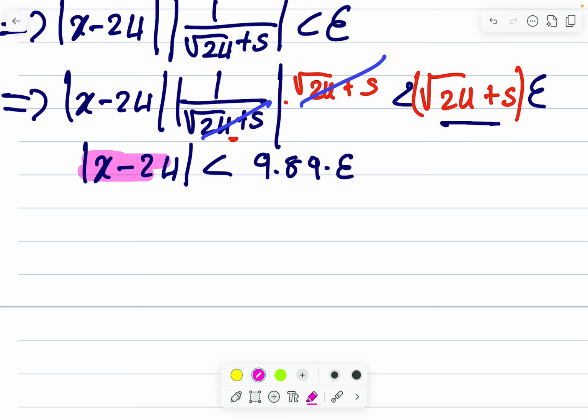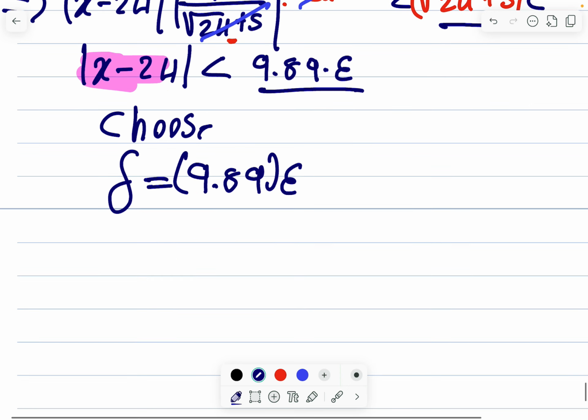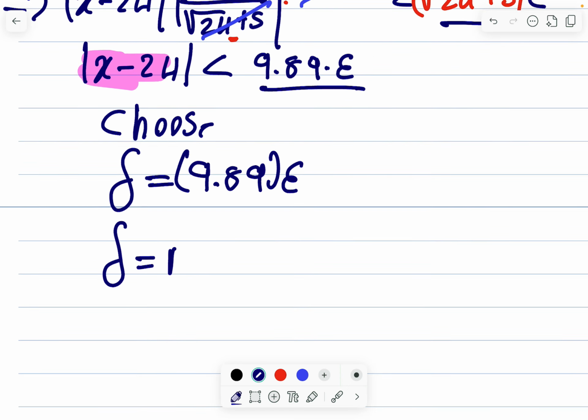So I found my goal. Now I'm going to choose epsilon, always, all the time, equal to 9.89 multiplied by some delta. It means my range is from 1 to 9.89 multiplied by some delta.